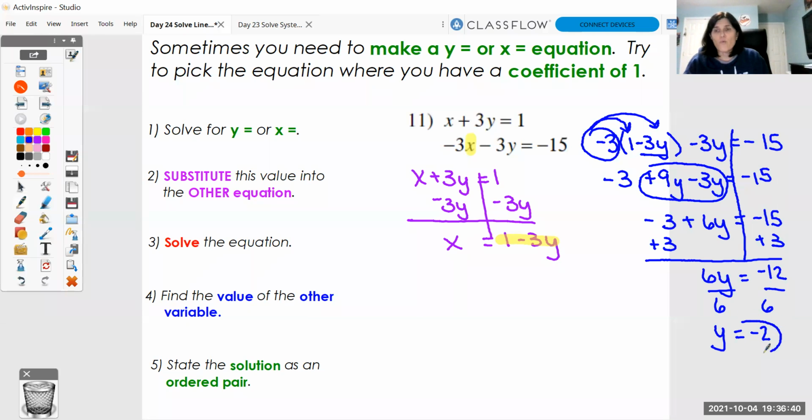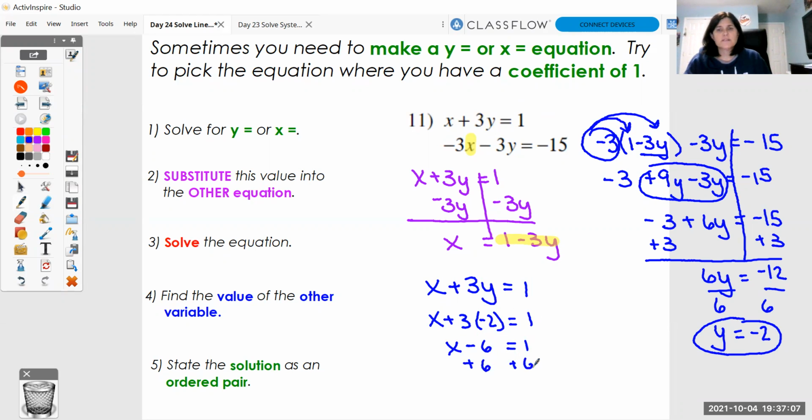Now that I found the y coordinate, I know there's one solution. So I'm going to go back and substitute it in to figure out the x value. So here's the equation from the beginning that I'm going to use. Instead of y, I'm going to replace that with -2. We end up with x minus 6 equals 1.